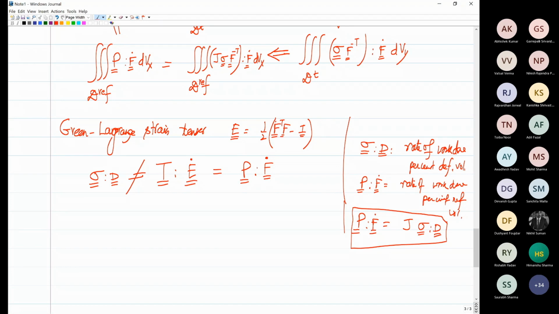Okay, now let us see what will this T be. So if we have to find that, put in the formula of E. So you have T double contraction half F dot transpose F plus F transpose F dot, okay? That's it, right? Because identity, when you dot, it becomes 0. And this is equal to P double contraction F dot.